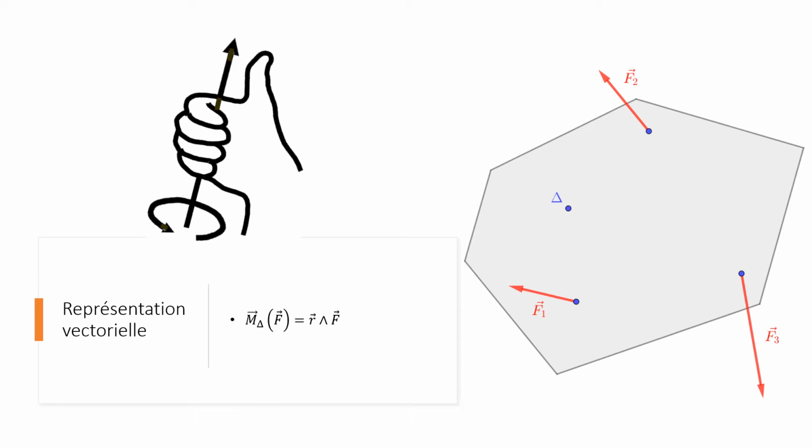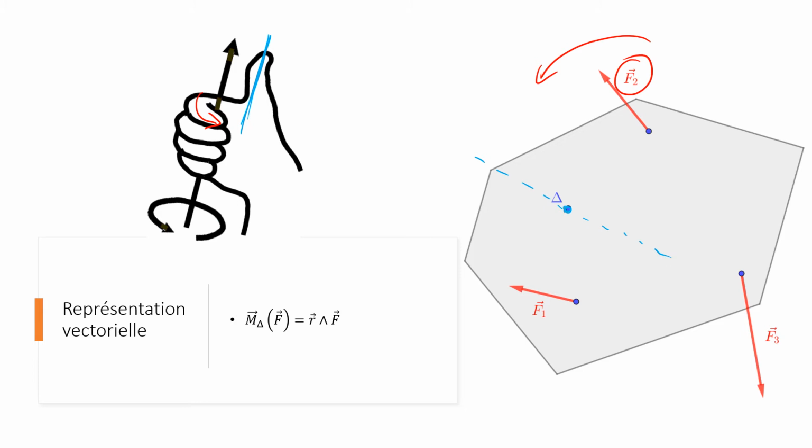So let's first look at the torque of force F2, for example. This force is trying to make the body rotate in this direction. And to fix the direction of the torque vector, we'll consider the right-hand rule. The direction of rotation is assigned to the fingers, and our thumb needs to be parallel to the axis of rotation. The axis of rotation is the line going through the body here.